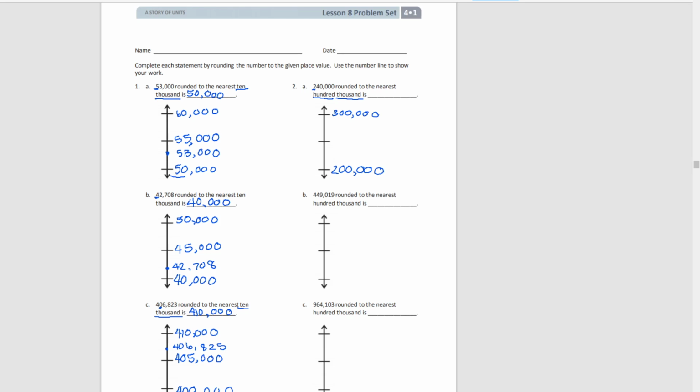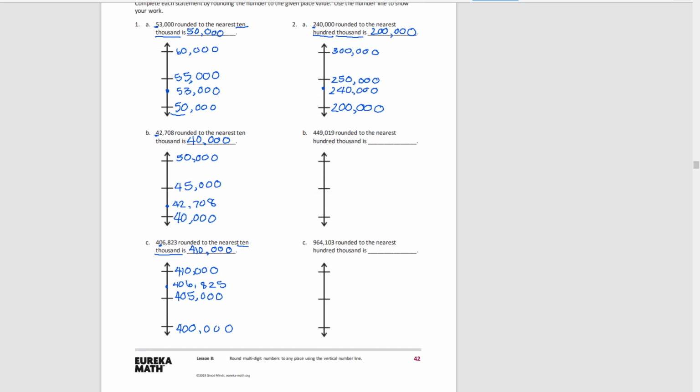The midpoint between 200,000 and 300,000 would be 250,000. And 240,000 would be about here. So it's closer to 200,000 than to 300,000. Okay, pause the video and try B.